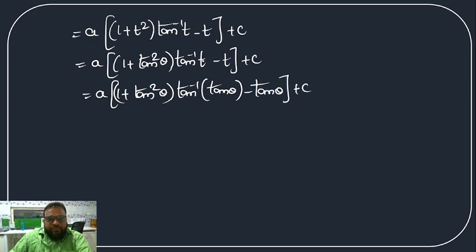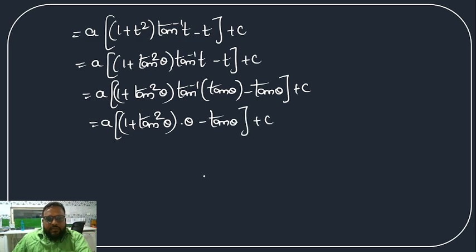Actually, here also we can substitute it. I took one step below for further simplification. So a into 1 plus tan square theta remains as it is, and tan inverse of tan gets cancelled. I will be left with theta minus tan theta plus c.